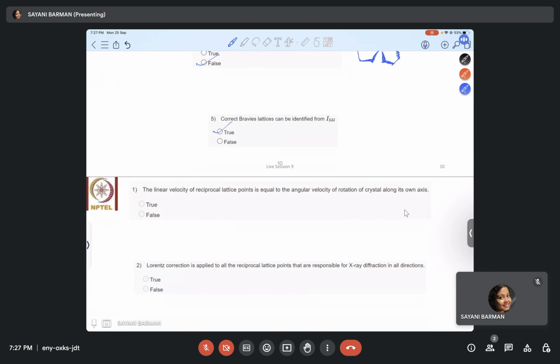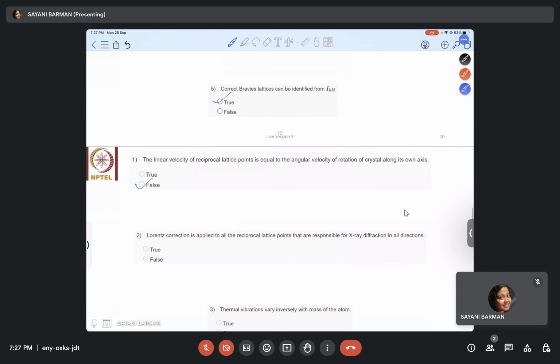No, it's not true. The linear velocity of the reciprocal lattice points is not equal to the angular velocity of the rotation of crystals along its own axis.